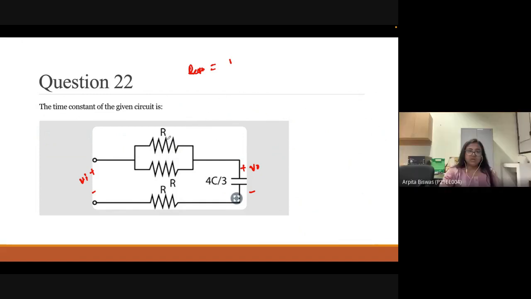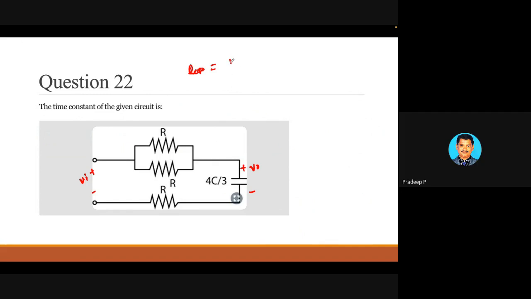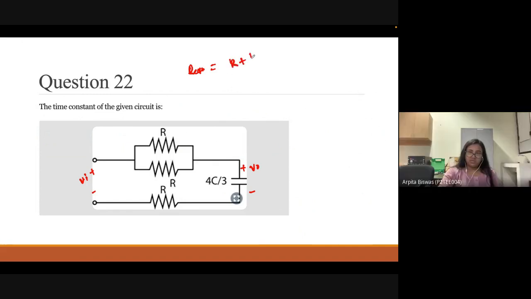So R and R, this is parallel, so R by 2. R plus R by 2, this is the equivalent resistance. So resistance value is 3R by 2, and tau is equal to C equivalent into R equivalent.